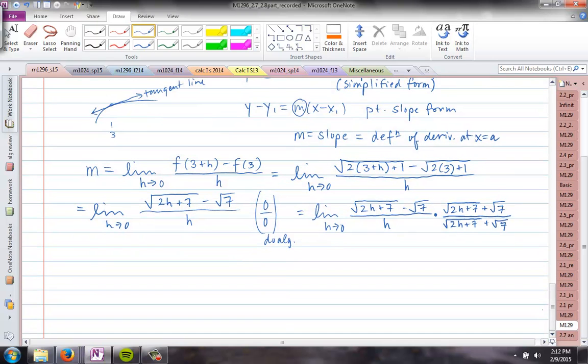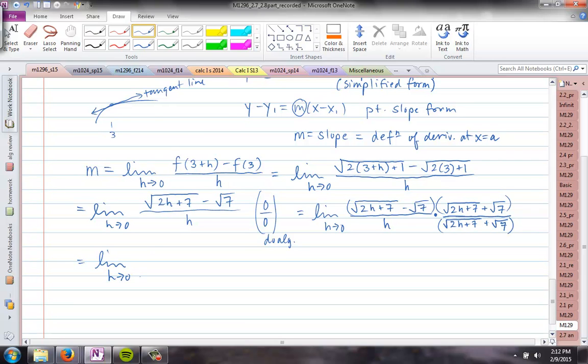Next step is to actually multiply out the top and then leave the bottom factored, because remember, we want a factor of h to cancel, and so we want it in factored form in the denominator with that h that's a factor. Alrighty.